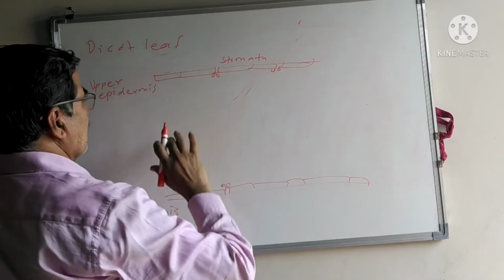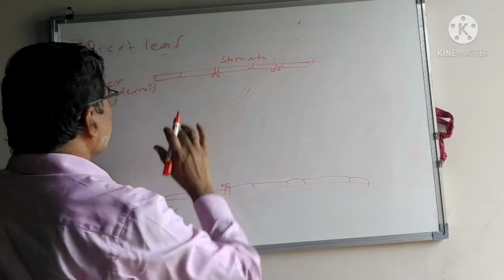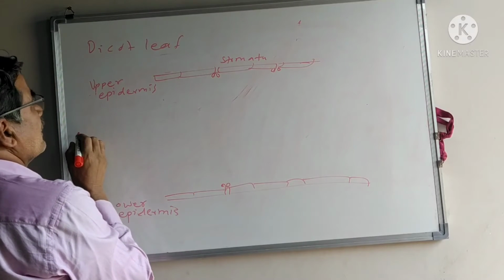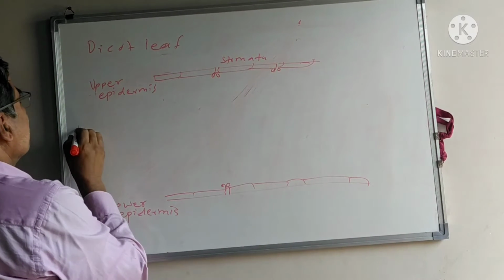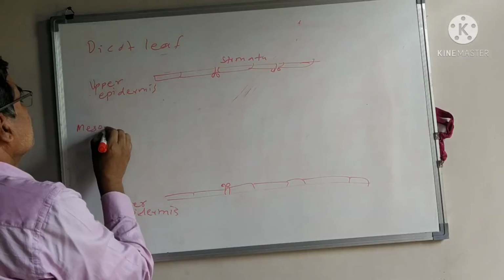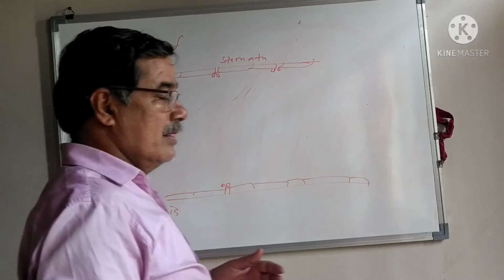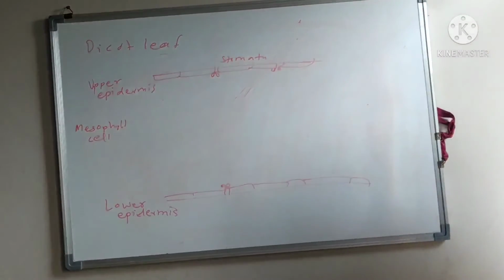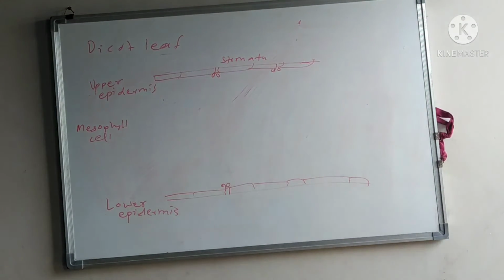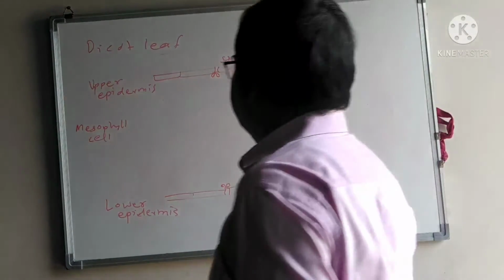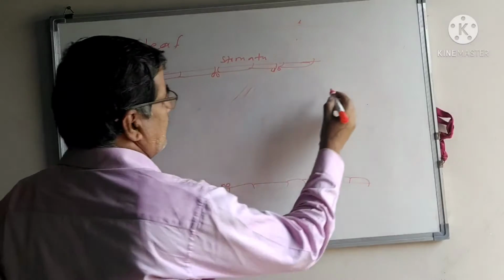The inner structure, in between the upper epidermis and the lower epidermis, consists of the mesophyll cells. This mesophyll consists of the spongy parenchyma as well as the palisade layer.